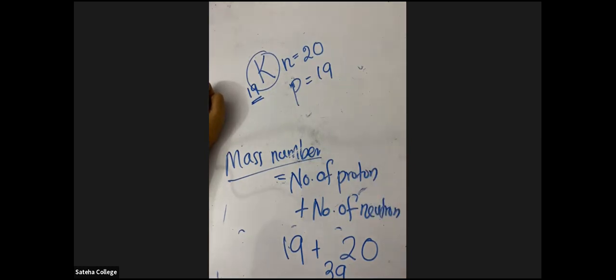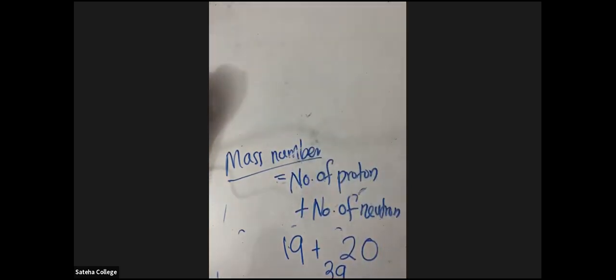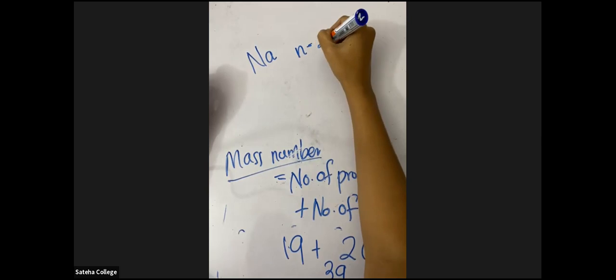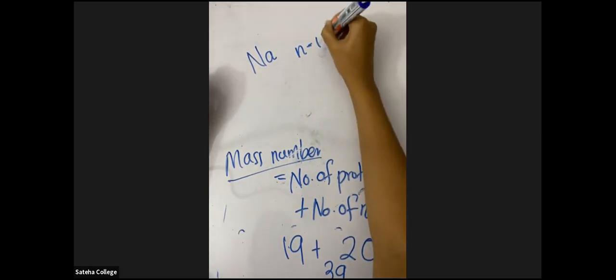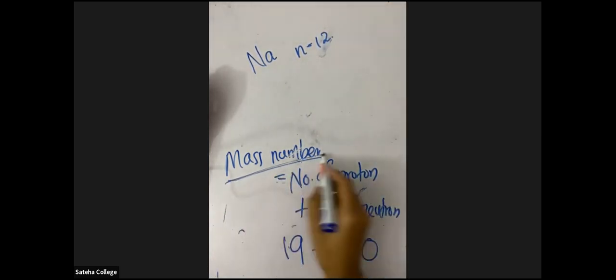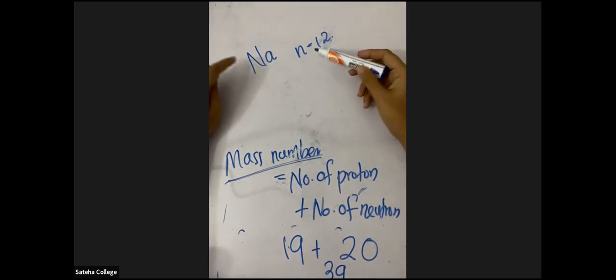I'll give you another question. You have, say, sodium. Sodium neutron number is 12. Find the mass number. Now look at the chart they have given you. In the chart, the atomic number of sodium is how much?